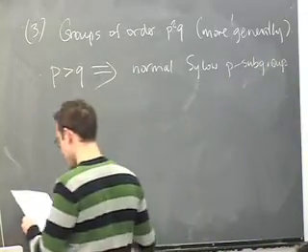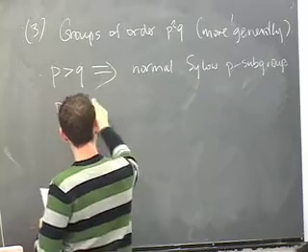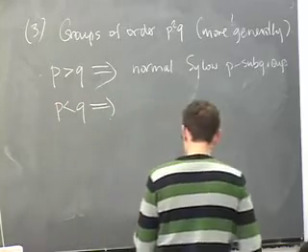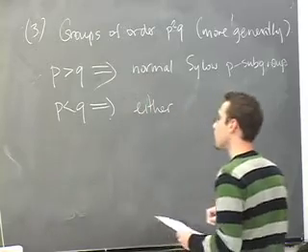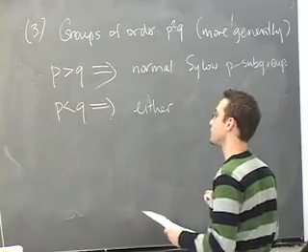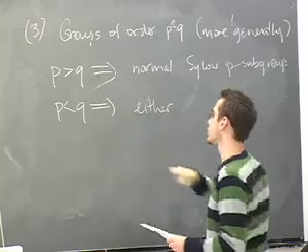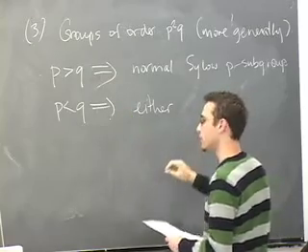And in the other case, you can show, it's not hard. It's a little more work than this, because this just follows trivially. But this case is a little more work, but not too much.